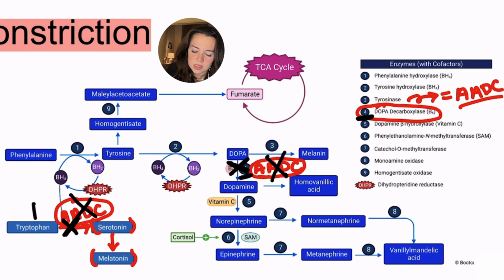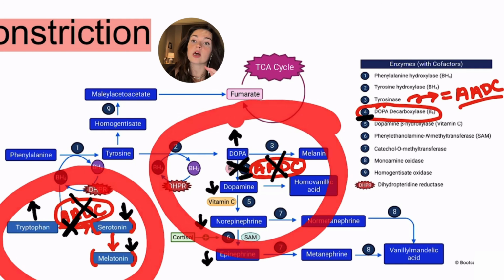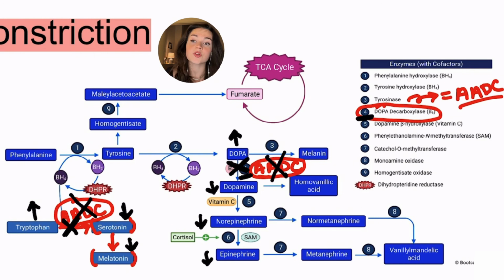So you'll see an increase in these upstream intermediates like tryptophan and DOPA, and a decrease of the downstream intermediates like serotonin and melatonin, as well as decreased dopamine, norepinephrine, epinephrine. Because this enzyme is across these two different pathways, it'll help explain why we get such a broad range of clinical features in AADC deficiency, right?